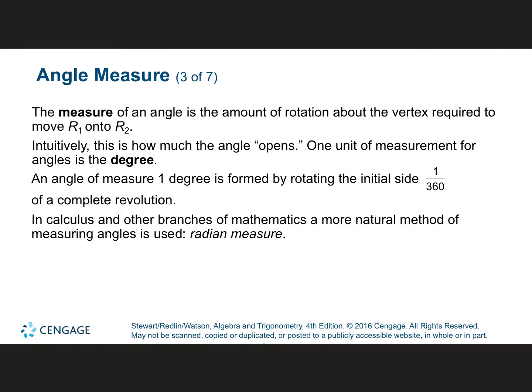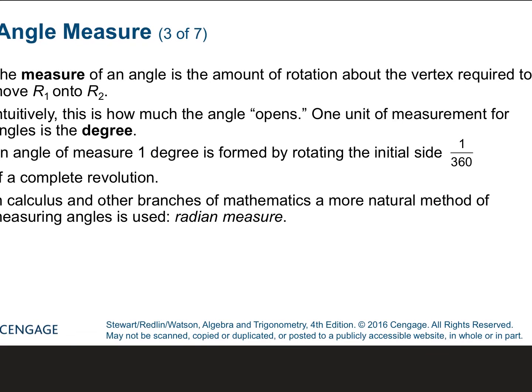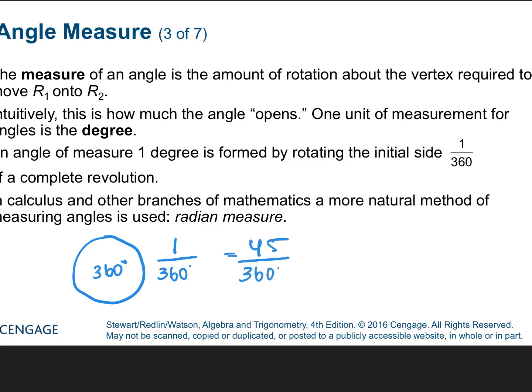All right, let's look at this. We're going to talk now, and I want you guys to just think for a second. You told me that one whole circle was how many degrees? 360. So does it make sense that 1 degree is the same as 1 out of 360 degrees? So 45 degrees is the same as 45 over 360, correct?